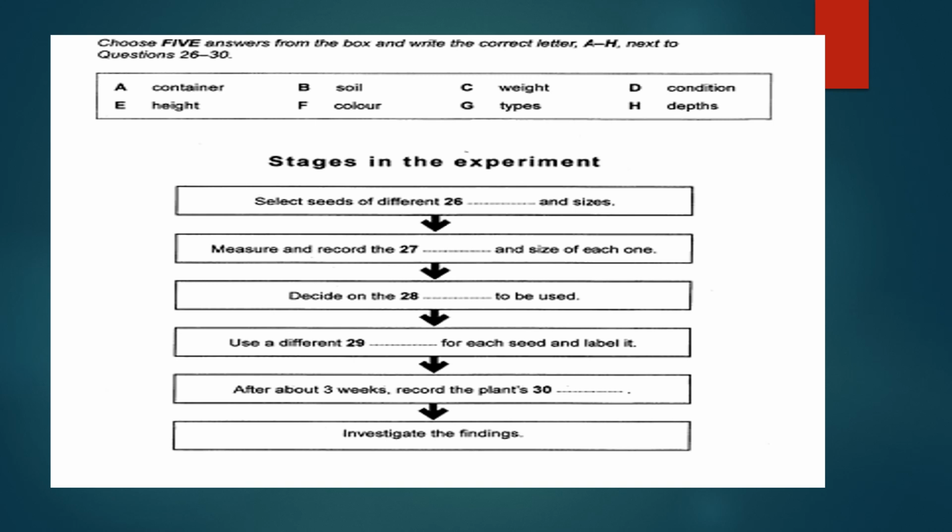But it's just my prediction. It cannot be condition or soil, so I cannot use these words over here. And remember, when the audio is played, you will not hear these words. We will hear synonyms of these words. So look for the synonyms.